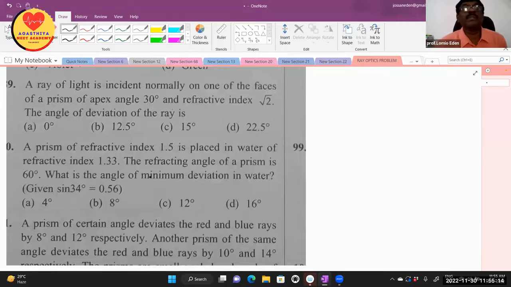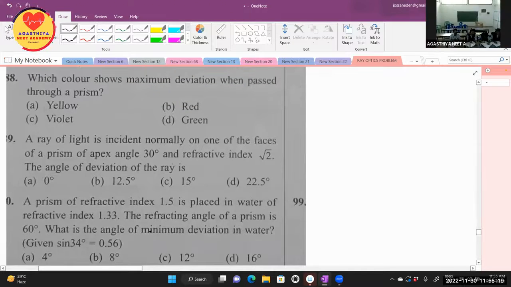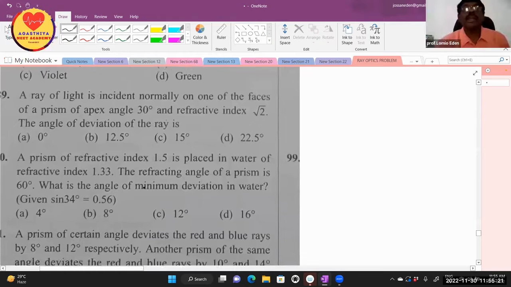Okay, let us go to the next problem. A ray of light is incident normally on one of the faces of a prism of apex angle 30 degree and refractive index √2.